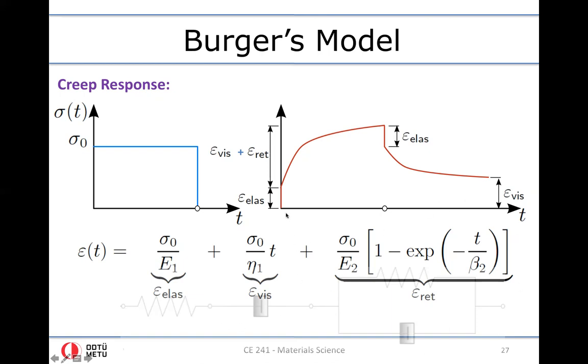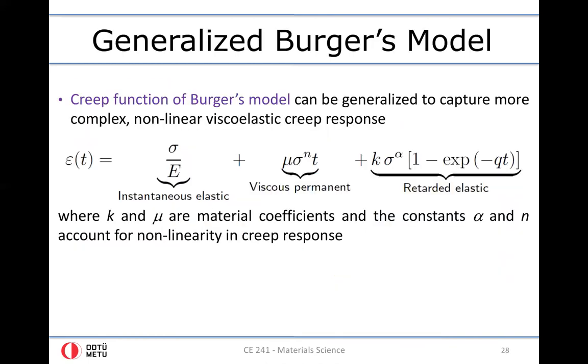And the term in the middle represents the strain evolution in the dashpot that is permanent. When you unload your specimen to the 0 stress value, strain that has developed in the dashpot will remain as a permanent viscous strain. Okay, this is an important observation.